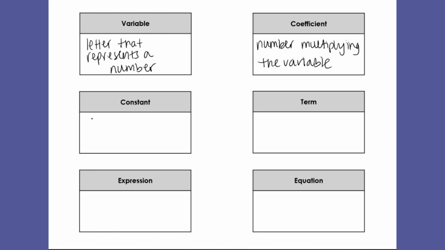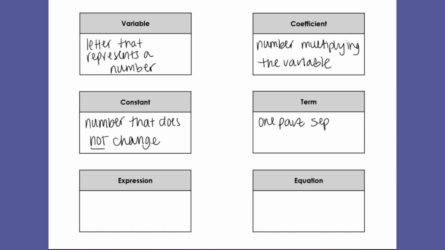A constant is a number that does not change. A term is one part separated by a subtraction or addition sign.